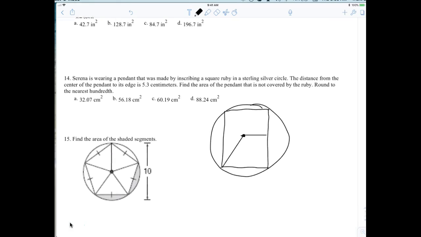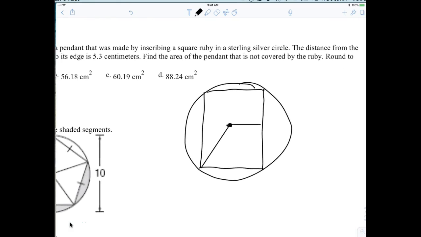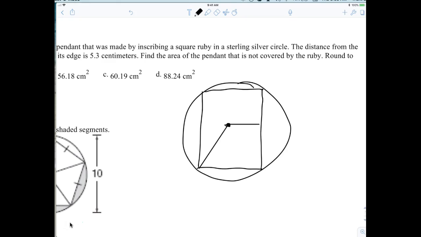No. Okay, so when you're putting jewelry into, you just can't wear a diamond, right? It's got to be set in something to hold it, right? So that's the only thing I'm thinking of. So it's not saying the distance from the center to the ruby.